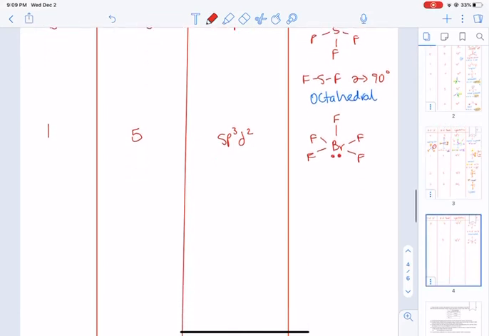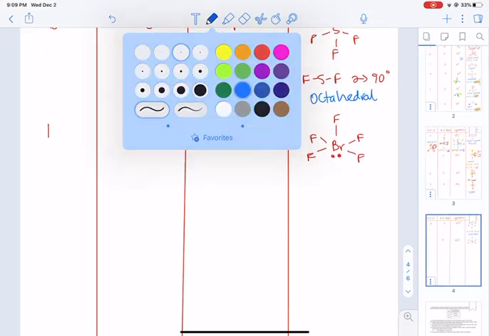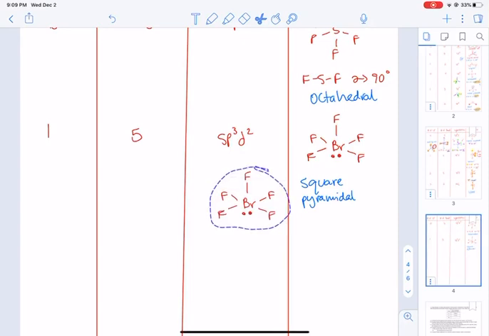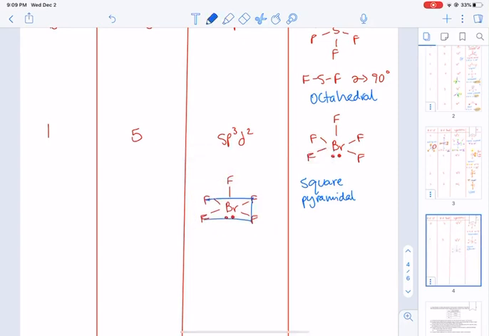So this is what we would call square pyramidal. And the reason for that is because if you look at this molecule, what's actually happening is that at the base, we've got a square, and it forms a pyramid.